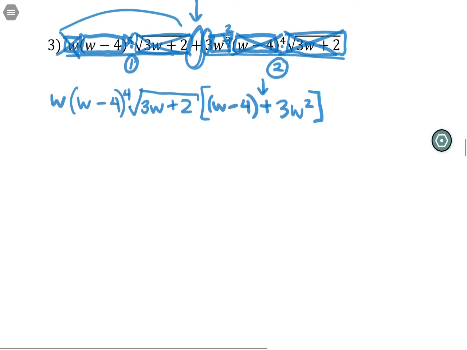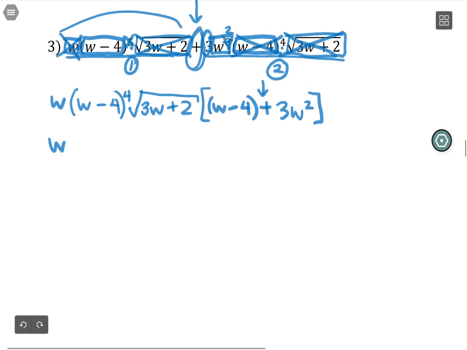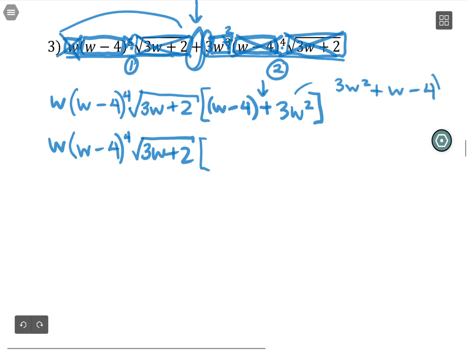So now I'm going to go a little further and then I'm going to talk about that mess at the beginning one more time, to make sure people are thinking about how to spot those, because they know it looks bad. Okay, so all that got factored out, and then in the parentheses, let me think about this. I had a 3w squared plus w minus 4. I think I can factor that.